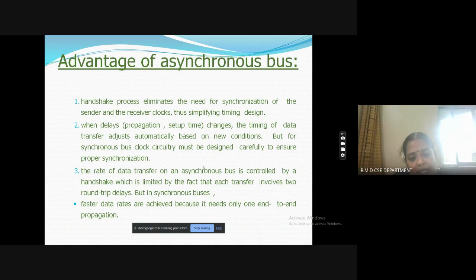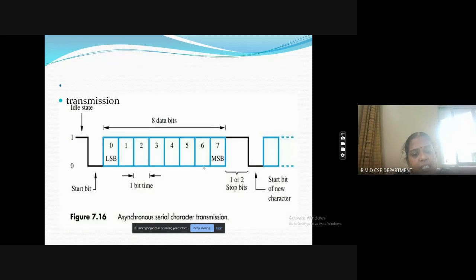But for the synchronous bus, the clock cycle must be designed to ensure proper synchronization. The rate of transfer on the asynchronous bus is controlled by the handshake, which is limited by the fact that each transfer involves two round trip delays. A faster rate is achieved in end-to-end propagation in the case of the synchronous bus.